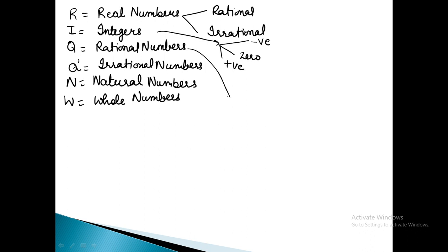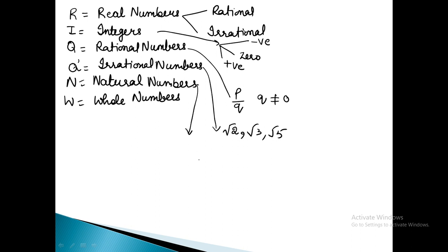And rational numbers are in the form of P over Q, and Q should not be equal to 0. And irrational numbers are given in the form of square roots, like root 2, root 3, root 5, etc. These are the irrational numbers.